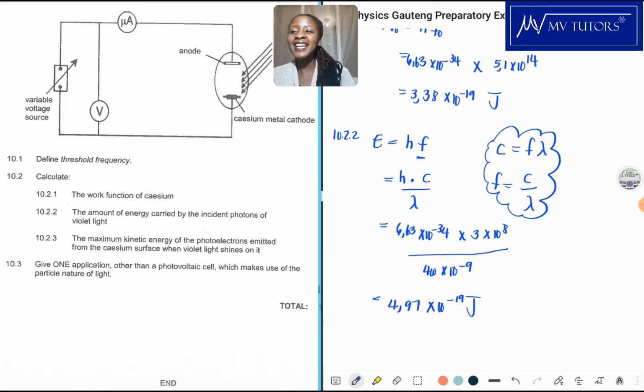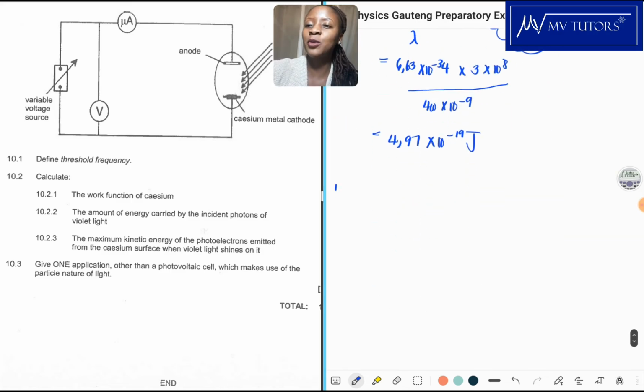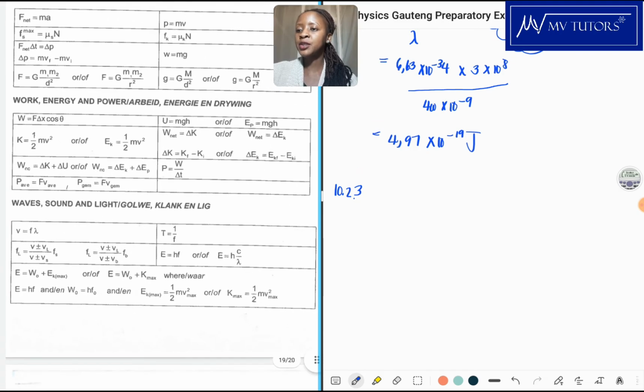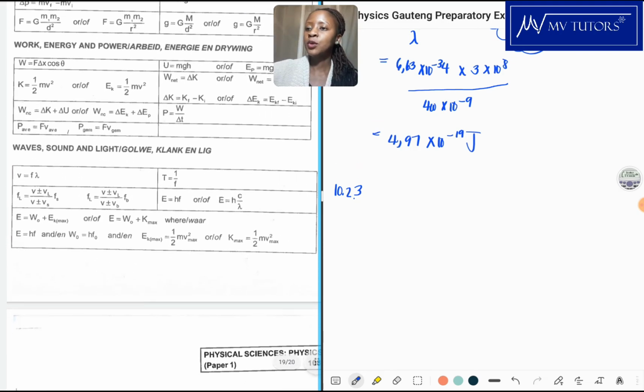Then we had the energy carried by each photon, and for it to move, for it to run, we actually need the kinetic energy. So sorry about my previous explanation there, but hopefully this makes sense. So we need the kinetic energy, and we saw the formula pertaining to the kinetic energy. Energy is equal to our work function, which we've already determined, plus the maximum kinetic energy.